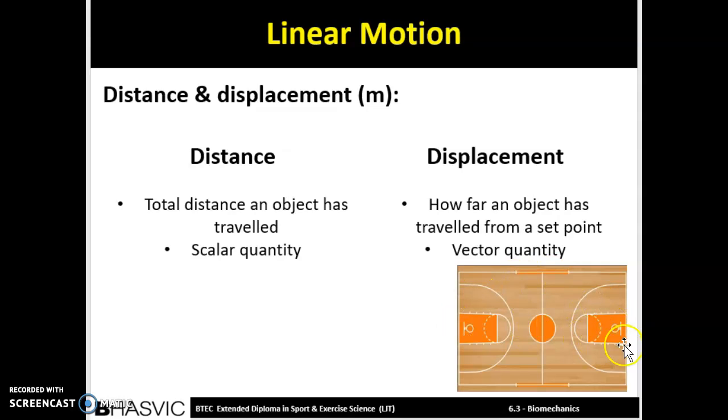So over a game of basketball, their displacement would be where they finish and where they end up, as it would constantly be their distance compared to a fixed point. So there'd be a great difference between distance and displacement over the course of a game of basketball.